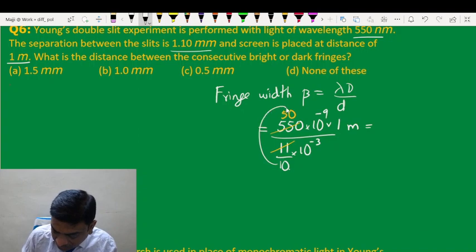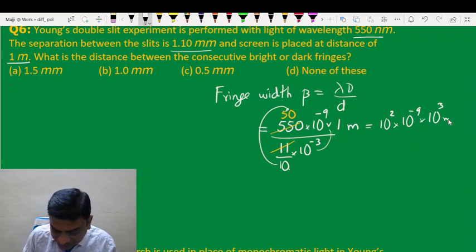So this 10 goes up, and here already there is a 10, so 10 power 2. Here we have 10 power minus 9, and this 10 power minus 3 goes up, becomes 10 power plus 3. So we have 10 to the power minus 9 plus 5 is minus 4 meter, which I can write as 0.1 millimeter. So none of the options are correct, students.